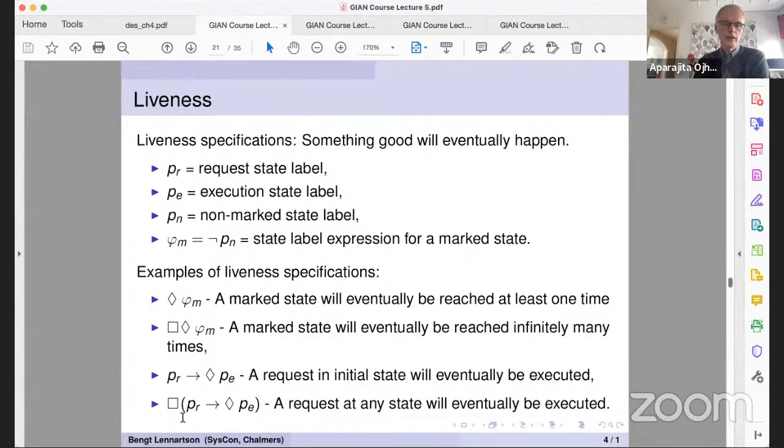And here we could say that this is maybe a little bit problematic with the CTL, because here you get this combination of always, eventually.